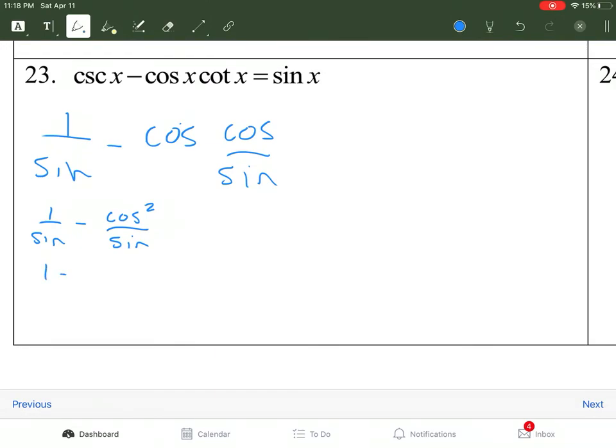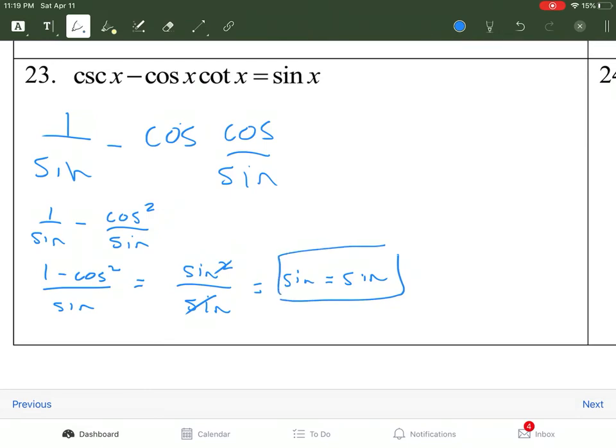So we have two fractions with a common denominator, so we're going to combine them. So we have 1 minus cosine squared over common denominator of sine. 1 minus cosine squared is equal to sine squared over sine. And one of them cancels out, so all I'm left with is sine, which is what I was trying to find.